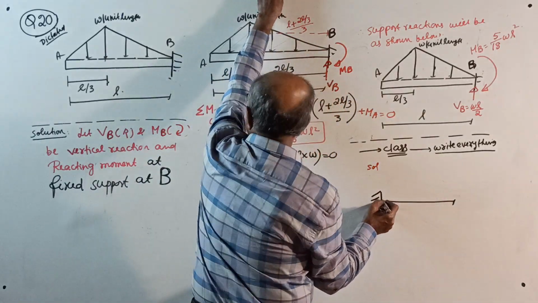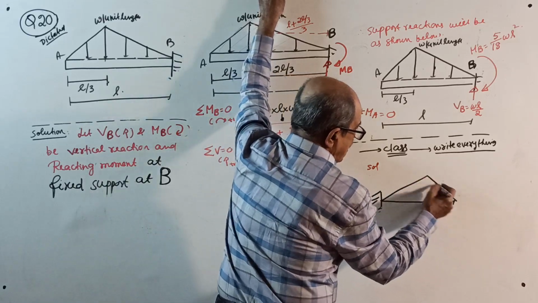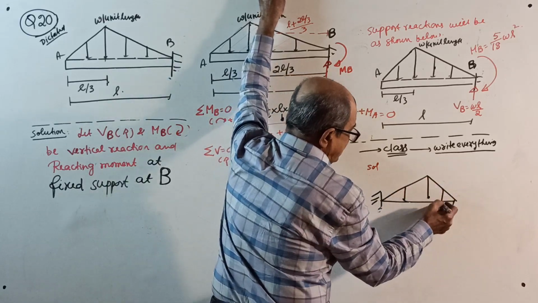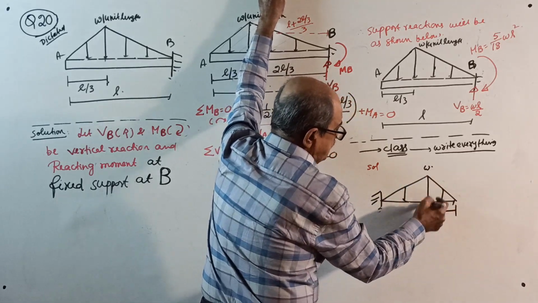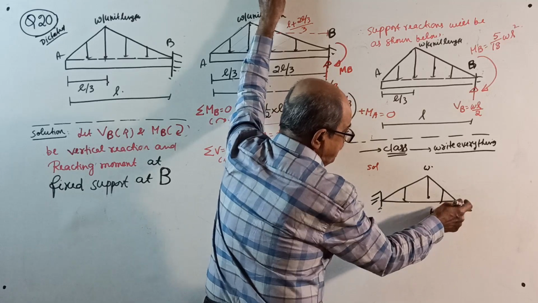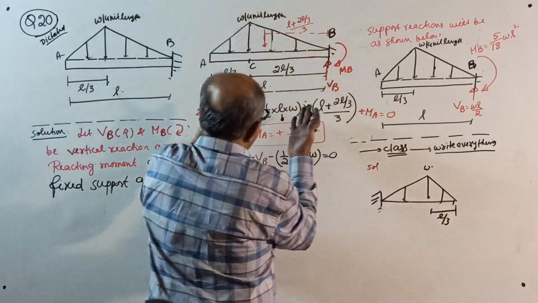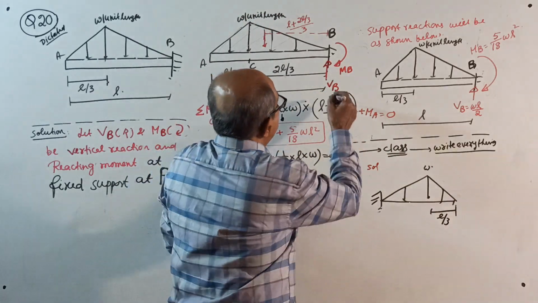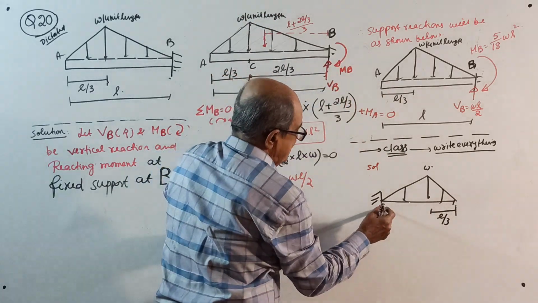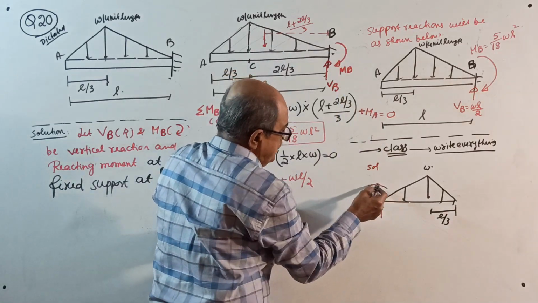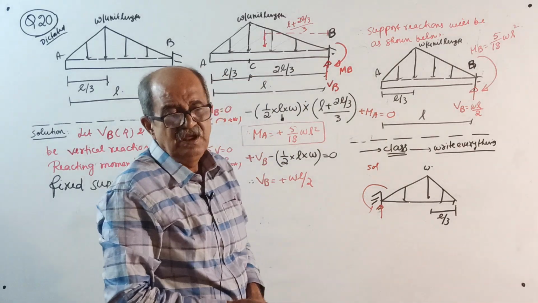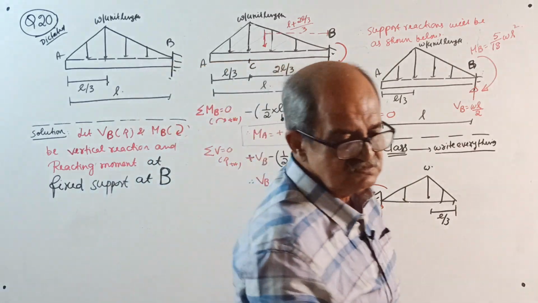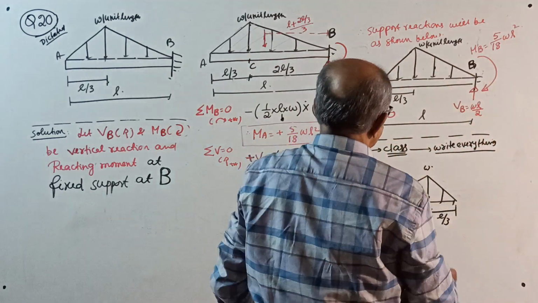It is loaded by a uniformly varying load of intensity 0 at the end and maximum W at L by 3 from the free end. Now everything will come the same as this one. This VB will come as VA, but MB will come as MA anti-clockwise here. You solve it. I should not solve it now; it would be an insult if I solve it. So copying this one, you can solve.